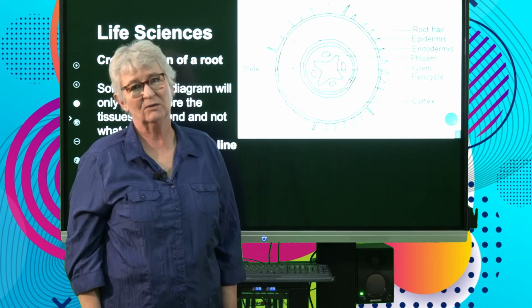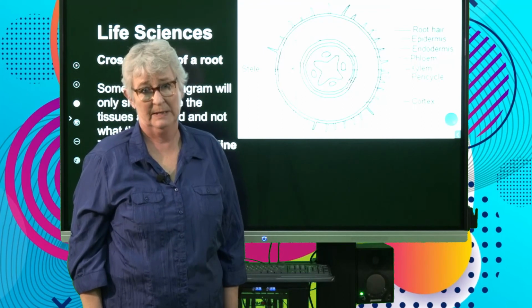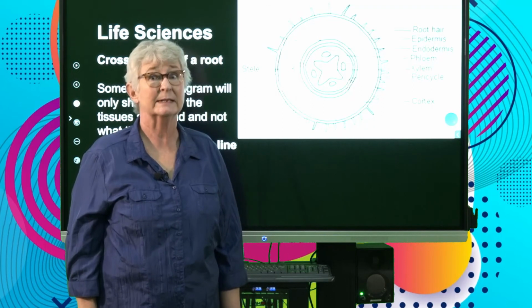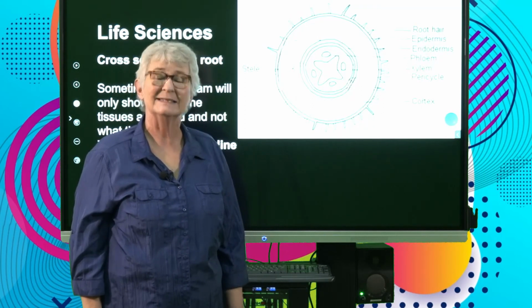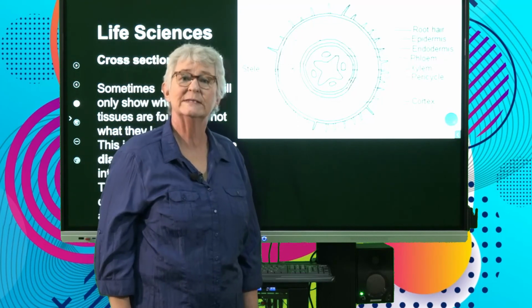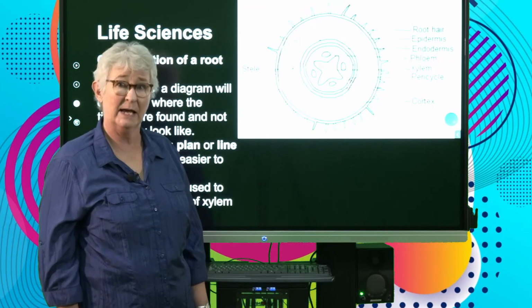Now, I'm sure looking at that, you're already feeling confused because there is a lot of detail. What we sometimes do to make it a little bit easier is, instead of showing exactly what the cells look like, we do something called a plan diagram or a line diagram.